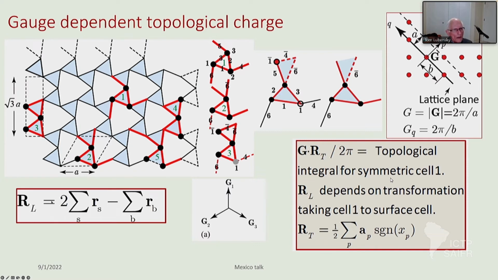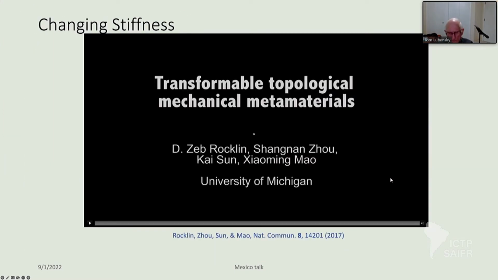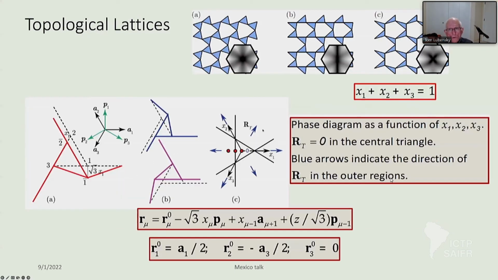So we have an RL, and I'm only moving bonds. The bonds have single charge, the sites have double charge. So when I move this bond, it's going along the vector, well, we can go back again. It's going along A2, and the other one is going along A3.